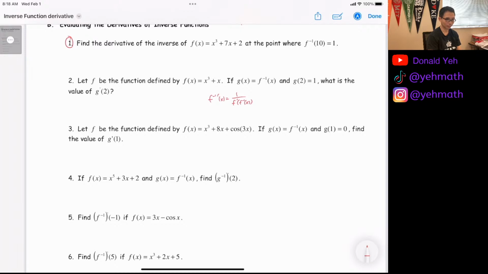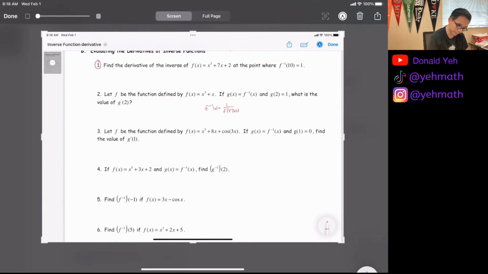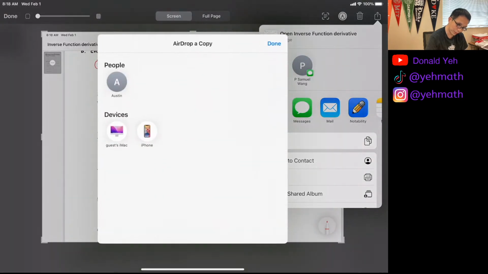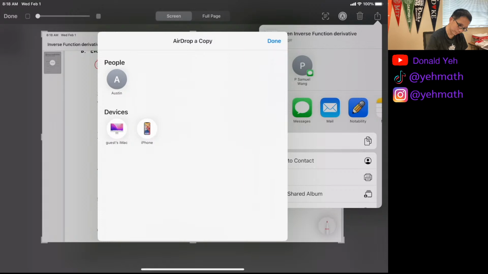Are you going to post this? Oh, yeah. Okay. I can send you a file. I can AirDrop it to you. Can you post it in a group chat? Austin. iPhone Pro. Flory.